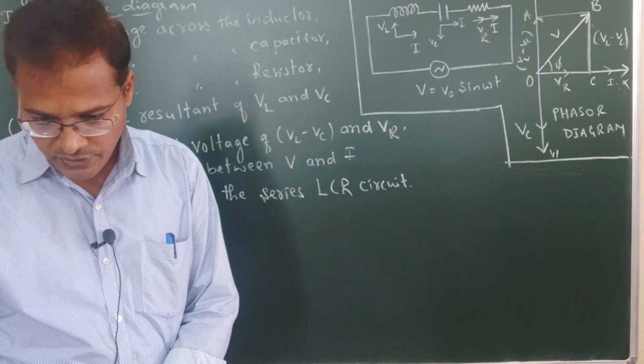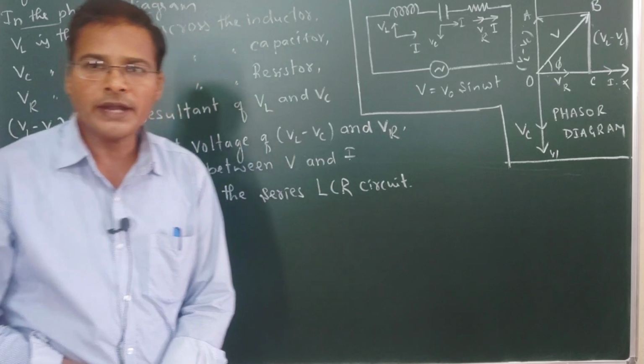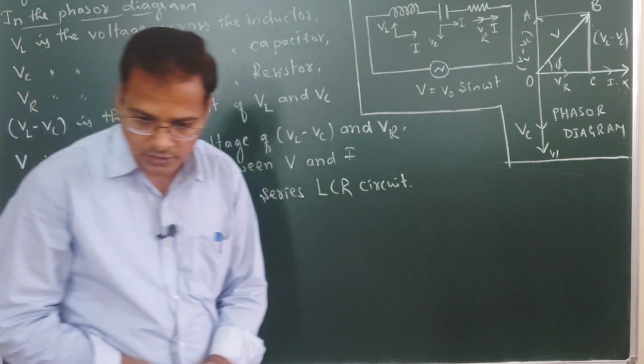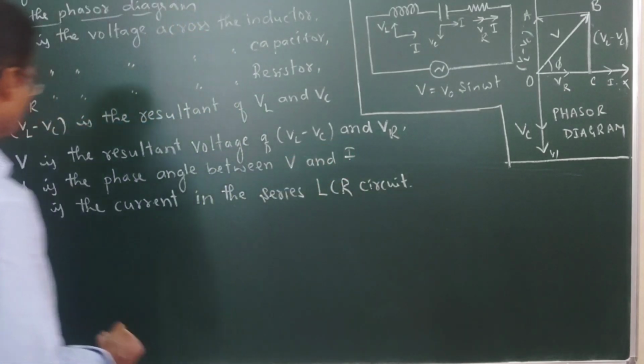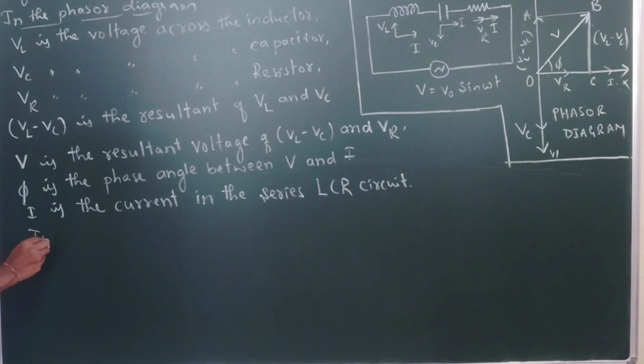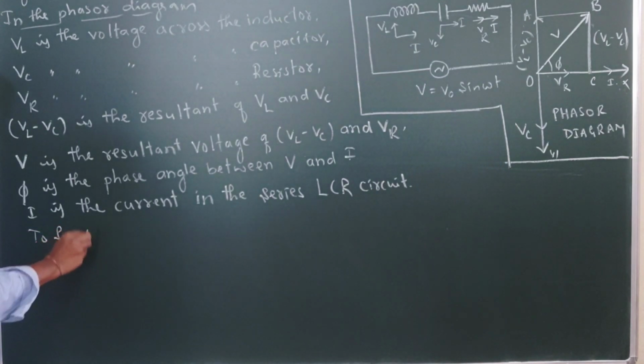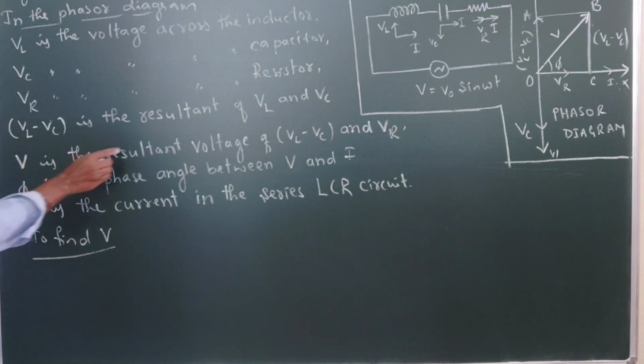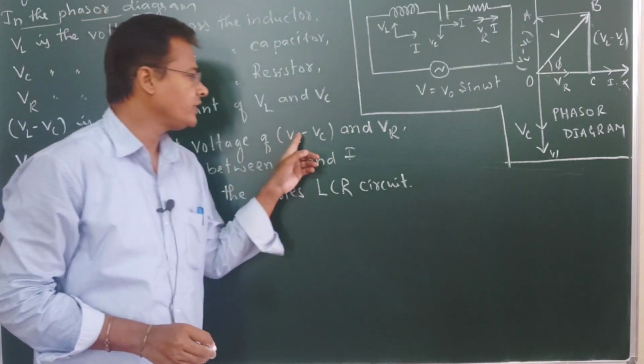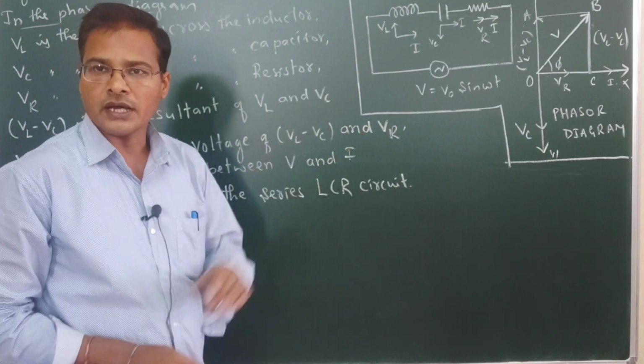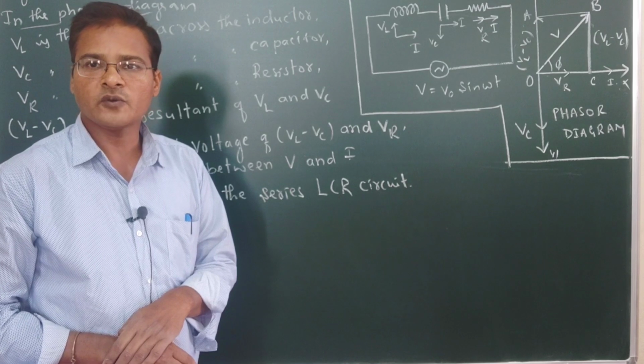As we know, we have to find the resultant voltage V. V is the resultant voltage of VL minus VC and VR. That we are going to calculate.